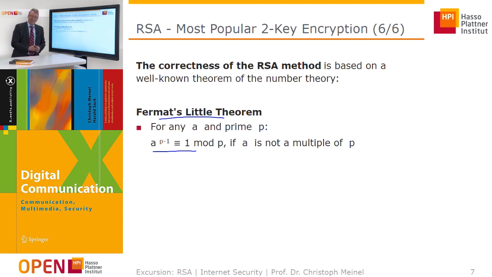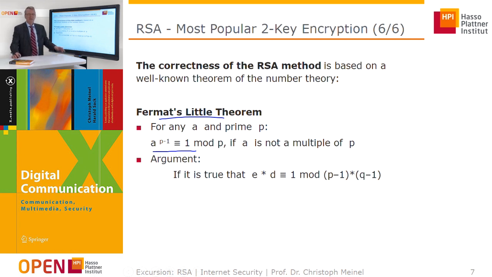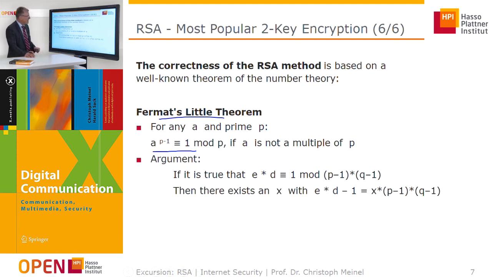And this is true in all cases when a is not a multiple of p. And the argument is that if it is true that e times d is equivalent to 1 modulo (p minus 1)(q minus 1), then there also exists an x with e times d minus 1 equal to x times (p minus 1)(q minus 1).